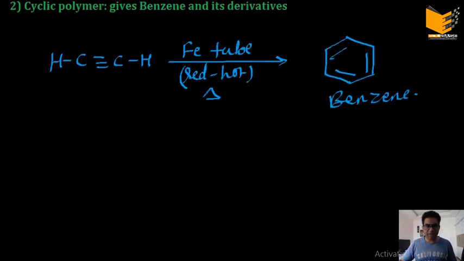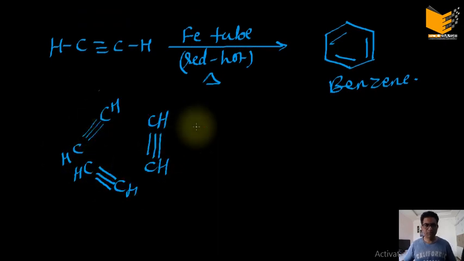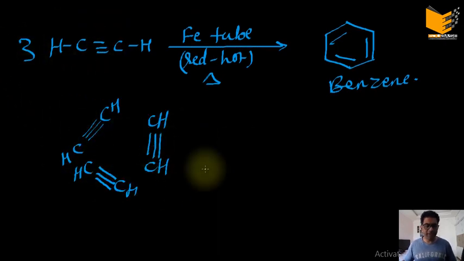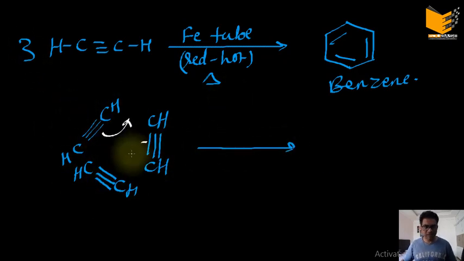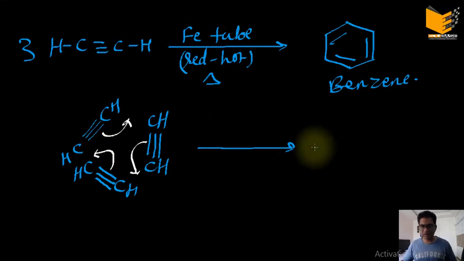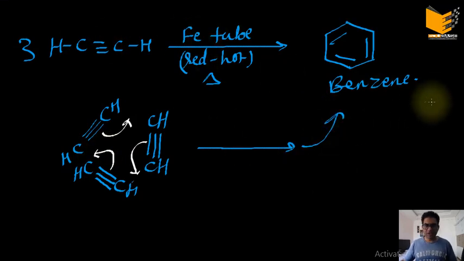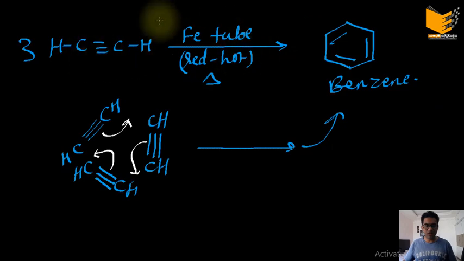This is how it happens. You'll have to take 3 acetylene. You heat it and they cyclize, and what you get is a benzene molecule. So this is something we get if you use acetylene and heat it in an iron tube.